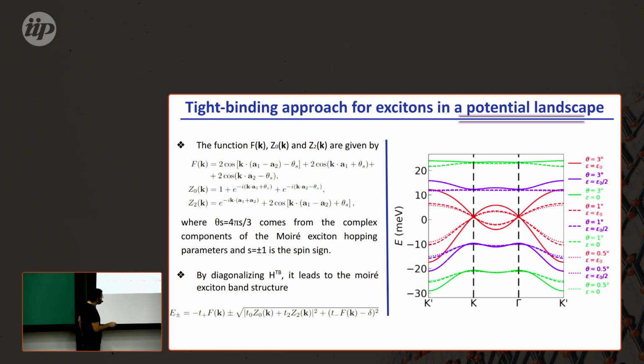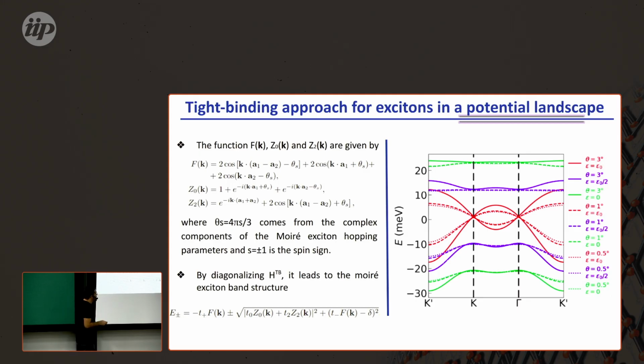So in the green and blue results, you see that the two bands are gapped, but for a critical value, in the case that those VA and VB have equal energy in the minimum, surprisingly, we close the gap and you get some Dirac-like exciton band structure for this situation.